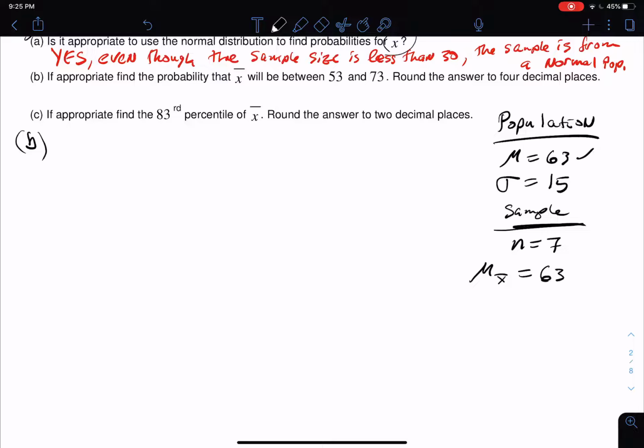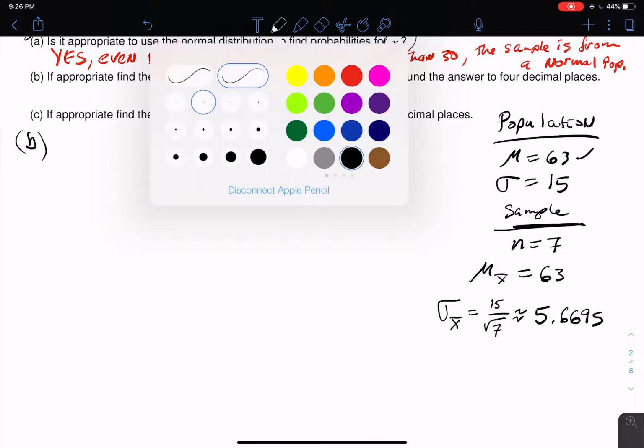And the standard deviation of the sample means is the standard deviation of 15 divided by the square root of our sample size 7, which is approximately 5.6695.